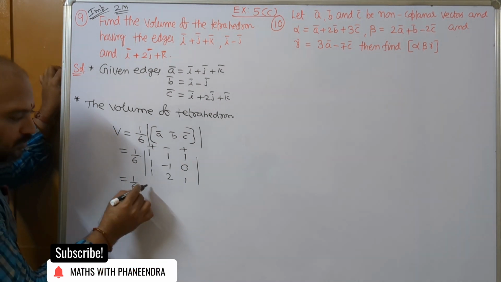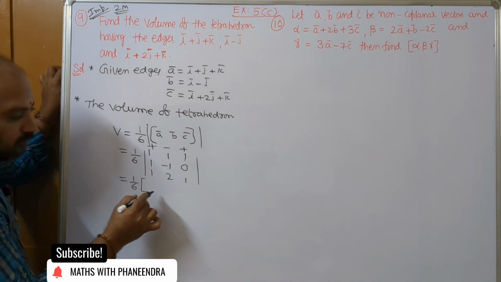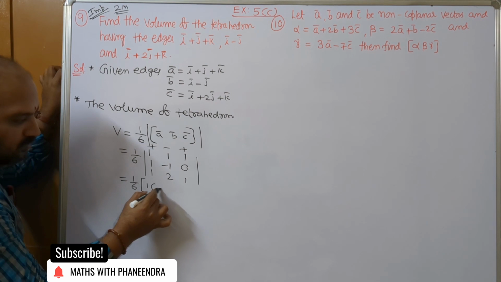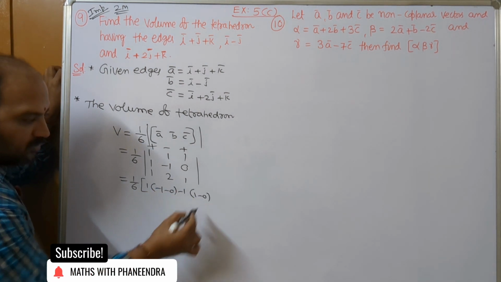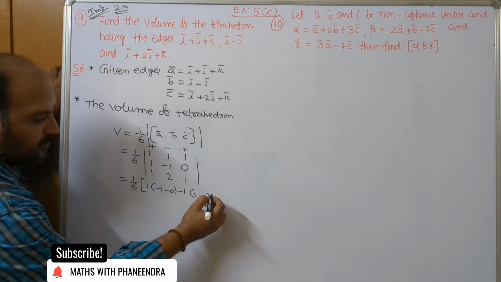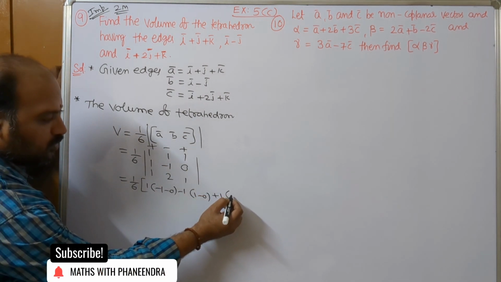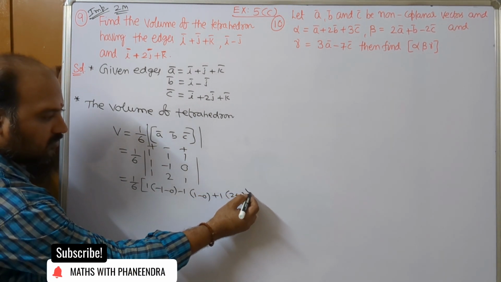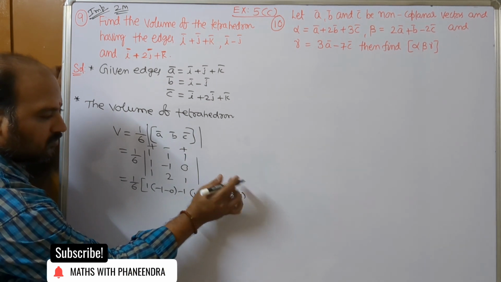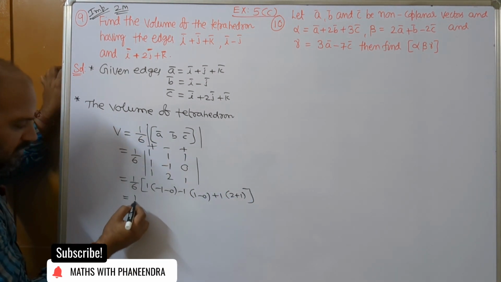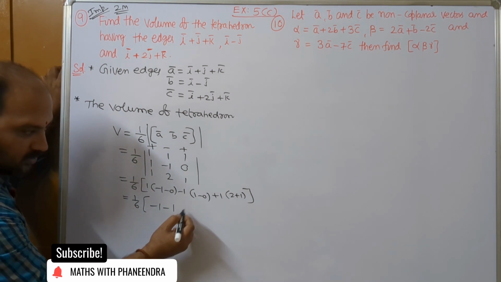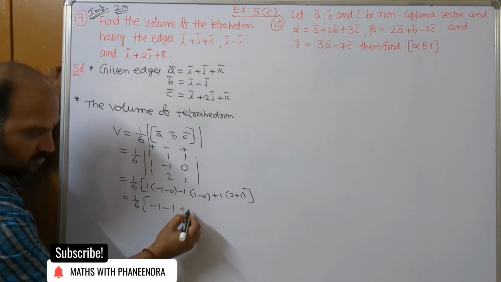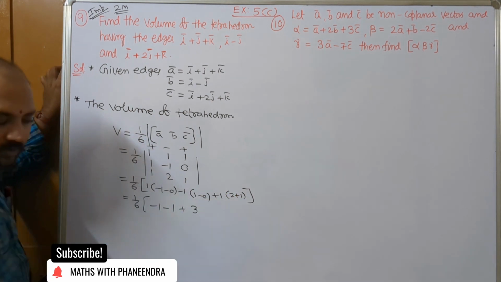1 by 6 into 1 into minus 1 minus 0, minus 1 into 1 minus 0, next plus 1 into 2 minus of minus 1, plus 1. So 1 by 6 into minus 1 plus 3, 3 into 1.